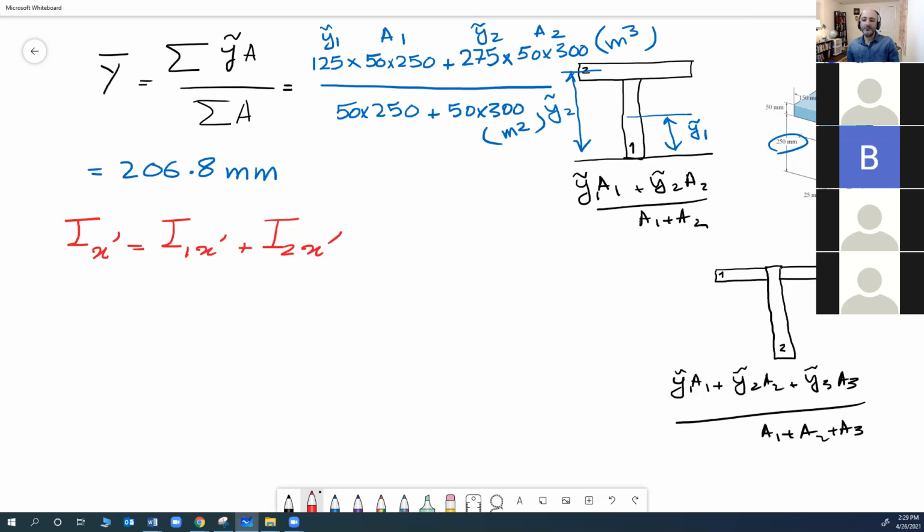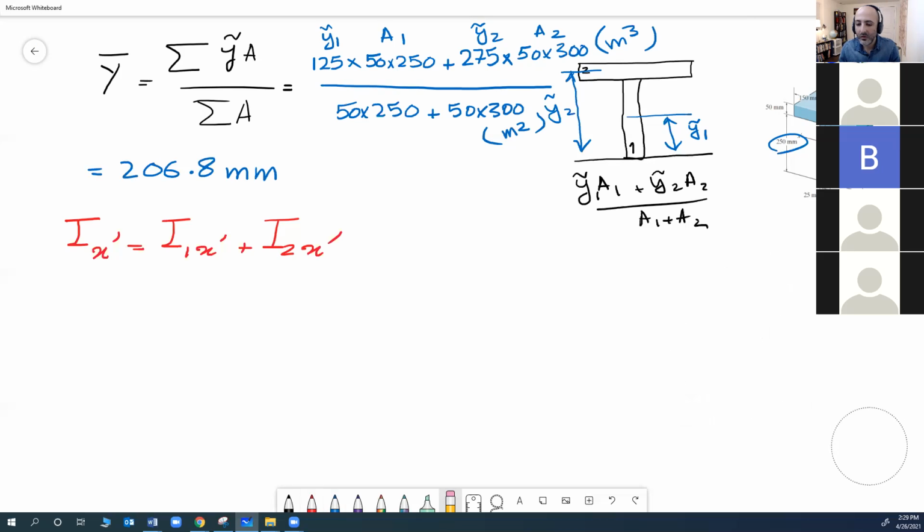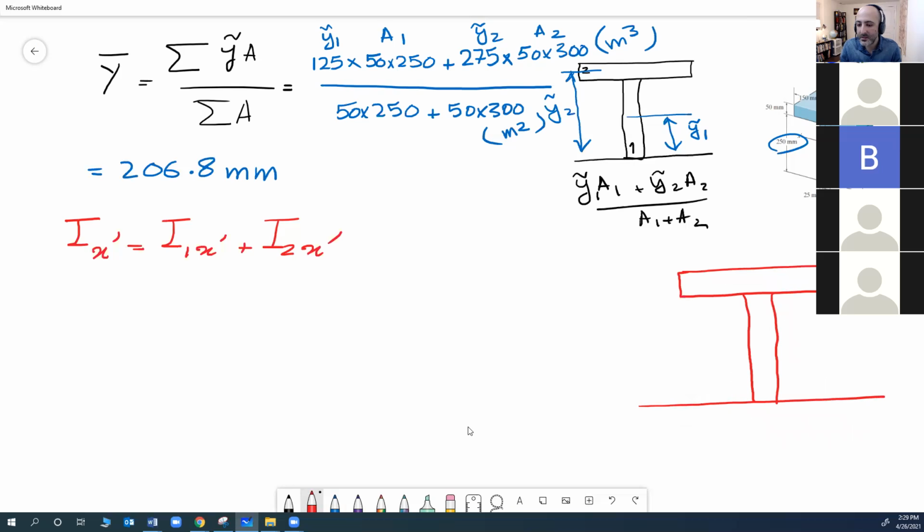That's the composite area. This new axis that I found, based on my calculation, is 206. This is where we want the I.